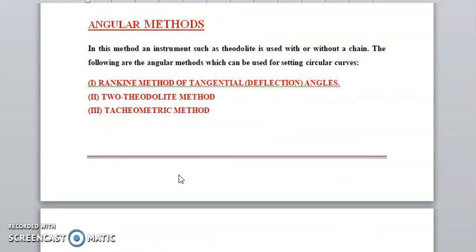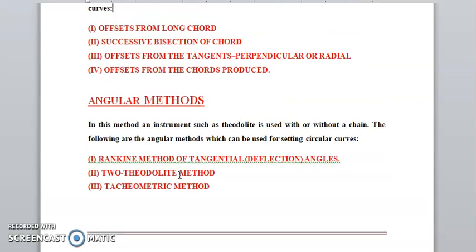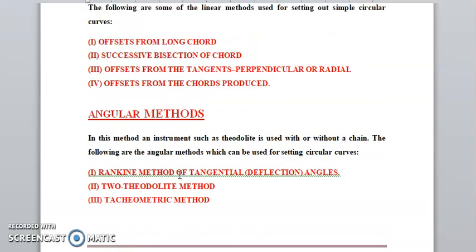One is the offset method. First one is the offset from the long chord. Second one is the successive bisection of the chord. Third one is the offset from the tangent, perpendicular or radial. Fourth one is the offset from the chord produced.